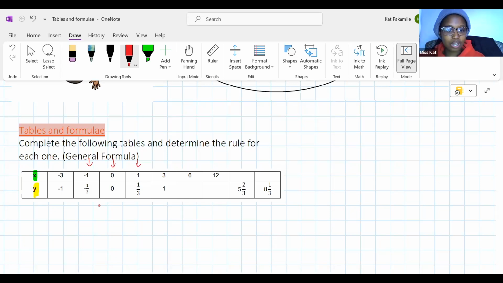So tell me, to go from -1/3 to 0, what am I adding or subtracting?